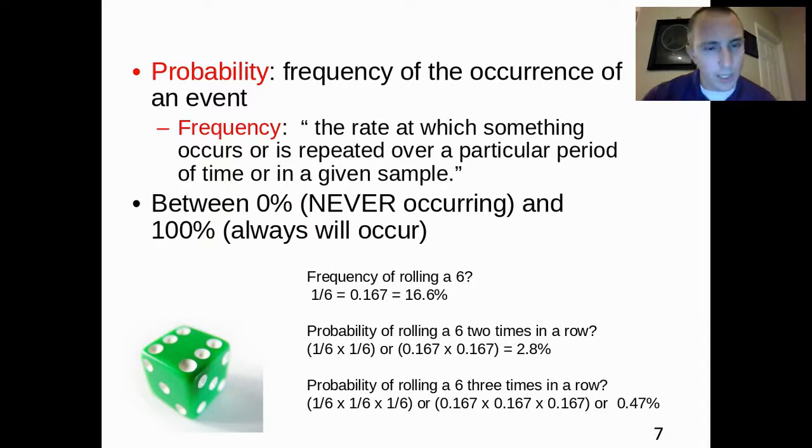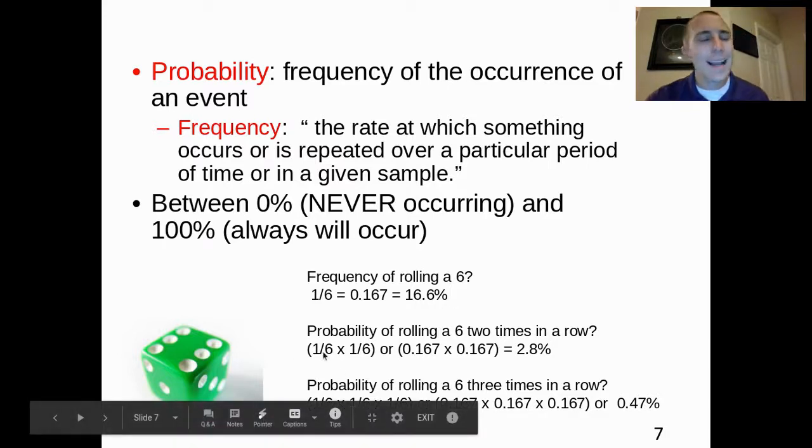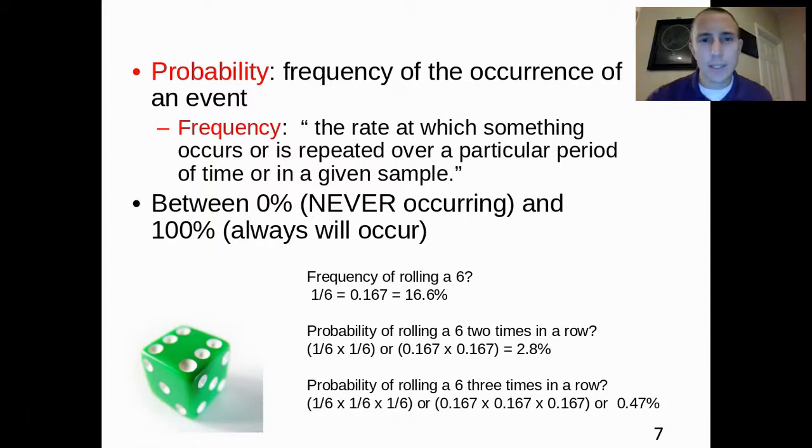So you'll do 0.167 times 0.167, and we get 0.028 or 2.8% if you multiply it times 100. So again, when we're talking about 2 independent events, this first roll does not impact the second roll. Your likelihood of getting a 6 is going to be the exact same both times.